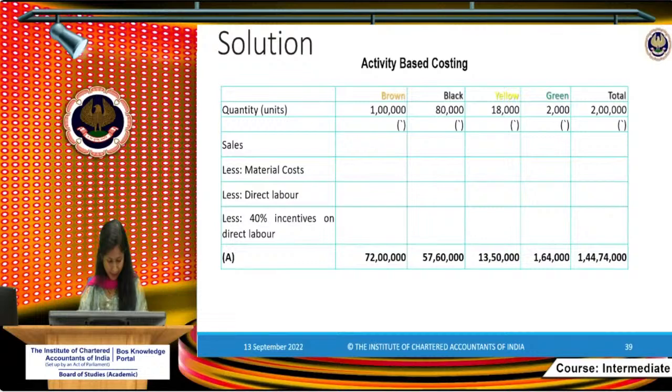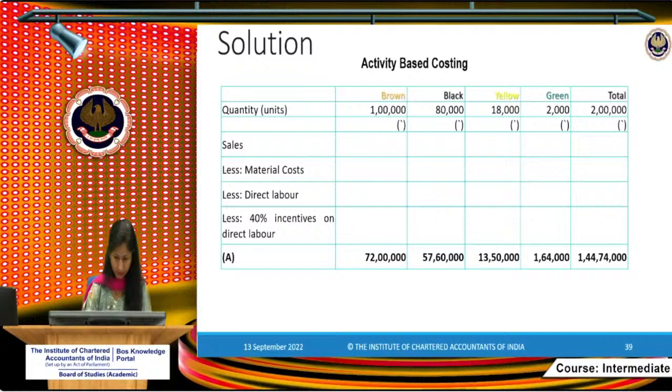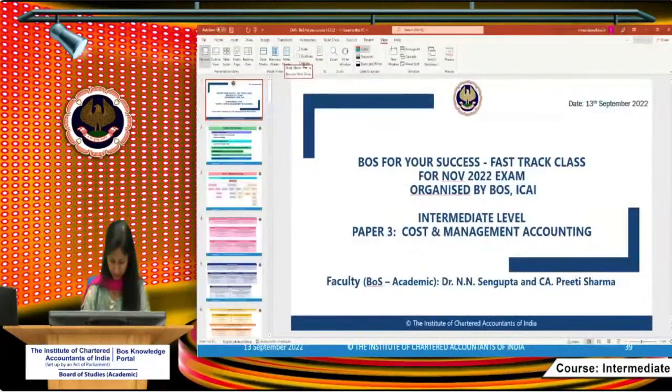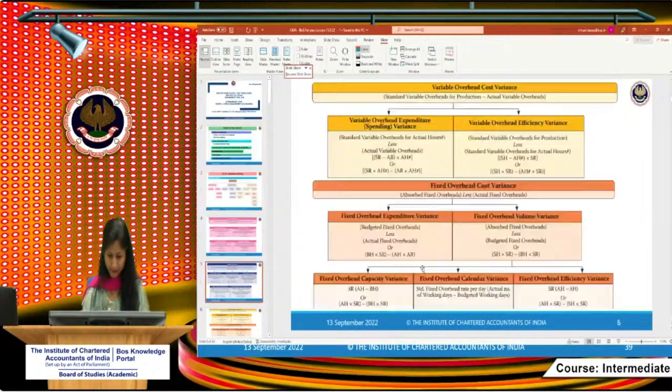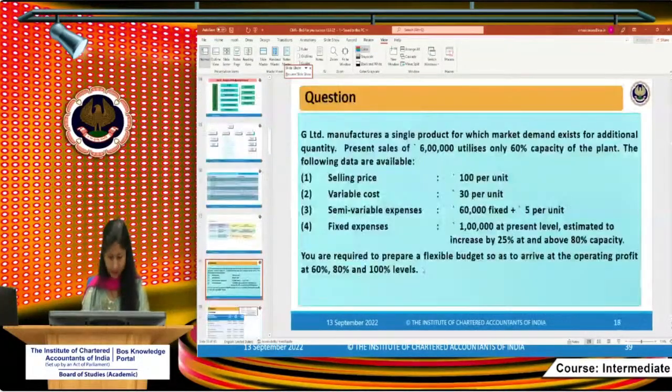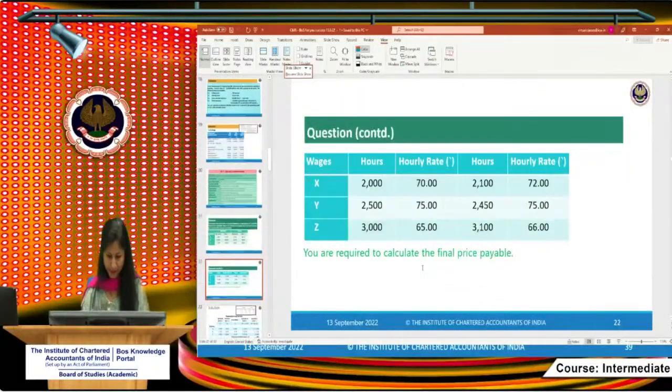I think, wait, open this PPT once again. Yeah. I think for the question we can see from here. I'll switch it so that you are able to see the question and solution together.